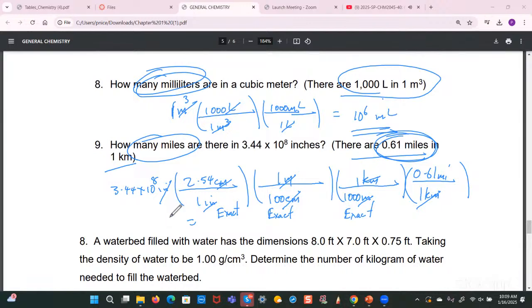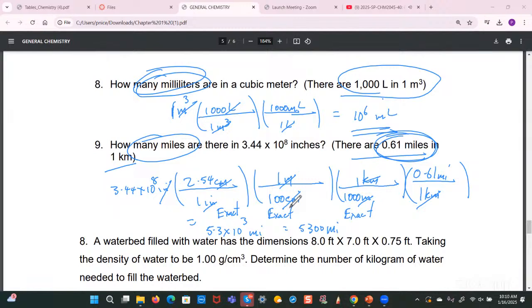So that would be equal to, according to my calculator, 5.3 times 10 to the 3 miles, or 5,300 miles. Right.